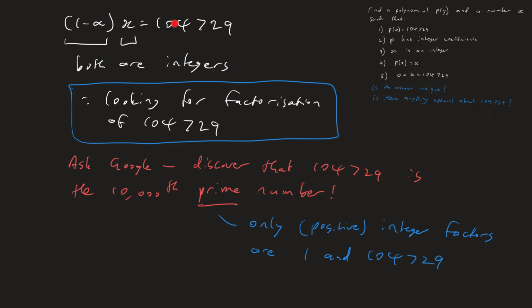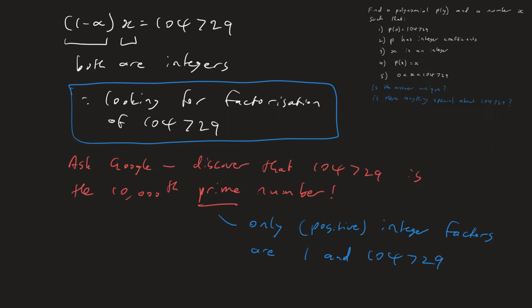But because this is a prime number, we know that there's essentially only a unique factorization. Well, technically there's a unique factorization if I limit myself to positive integers. Because this is prime, the only solution in positive integers would be 1 times 104,729.